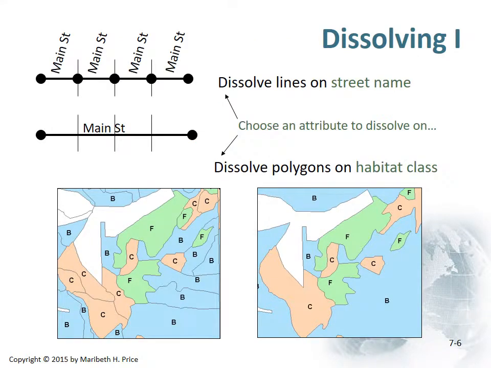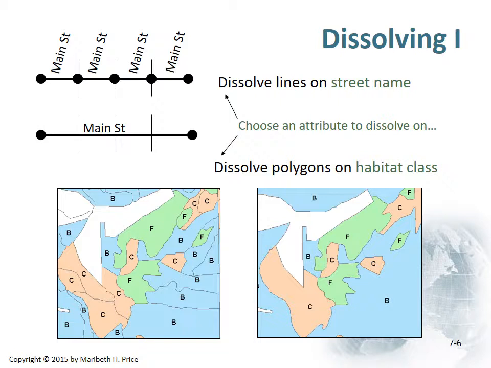So dissolving is simplifying the geometry of line or polygon features. In the case above, we have a street network, and we're going to dissolve the street network based upon street name. So if we do that, it gets rid of all of the intersections, all the nodes along the different road names.